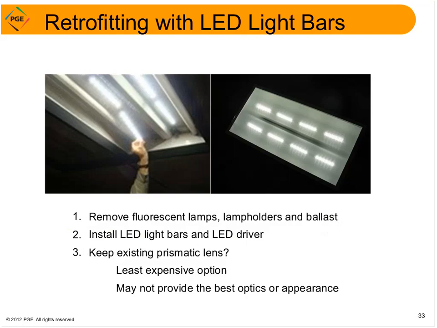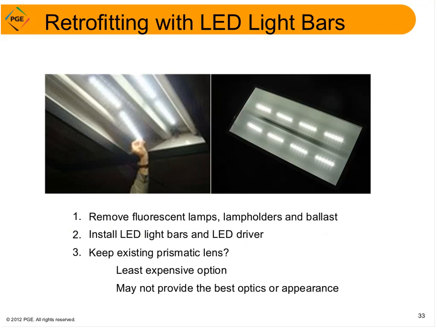A much better approach than LED T8s is using LED light bars. These attach directly to the metal housing, and this provides a natural heat sink. To retrofit a recessed troffer with light bars, the linear fluorescent lamps, the lamp holders, and the ballast are all removed. Next, you install these light bars along with an LED driver.